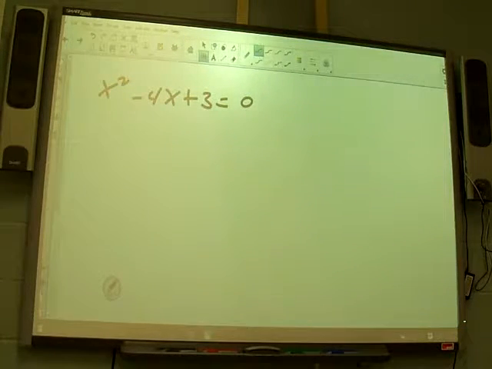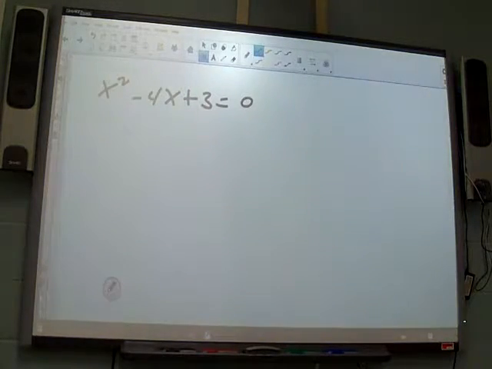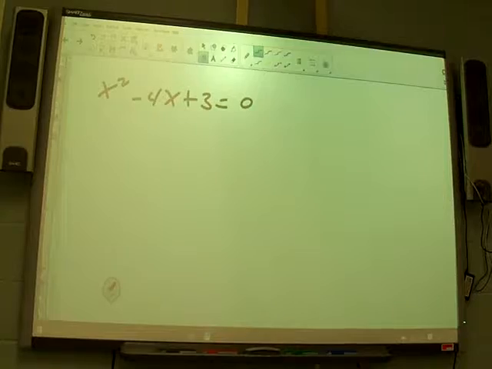So the whole formula: x equals -b plus or minus the square root of b squared minus 4ac all over 2a. Just so you know, if I were working this one on my own tomorrow, I would factor it. But today we're doing the quadratic formula.